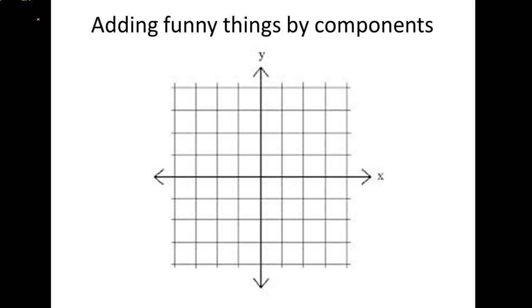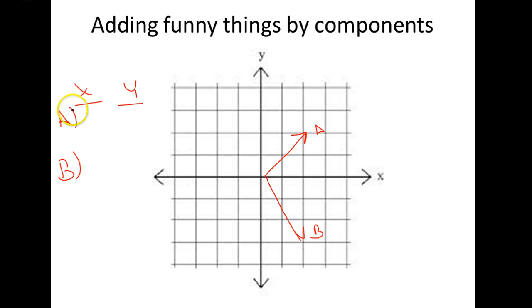I've got a vector going down this way, and I've got one going up and over this direction, and we'll call that one A and this one B. When I add the components of each vector, I can say vector A, vector B, and put their x components here, their y components here, and add them in that manner.